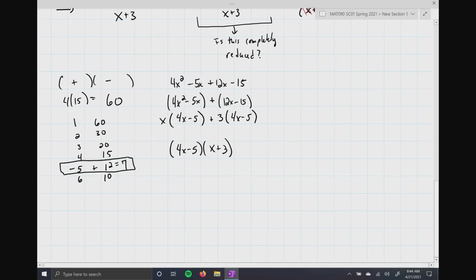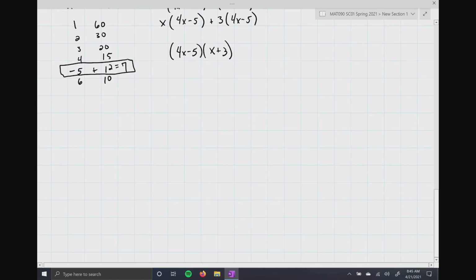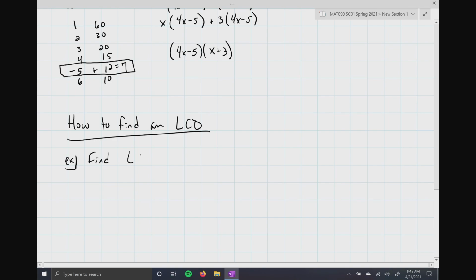Let's go back to chapter 4. How do we find an LCD? For example, 1/8 and 3 over 22.